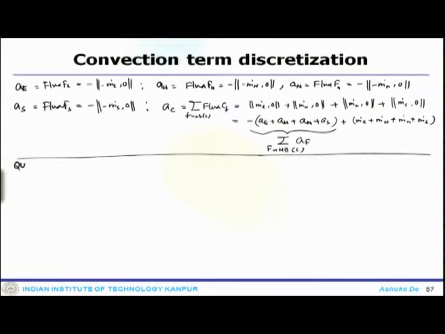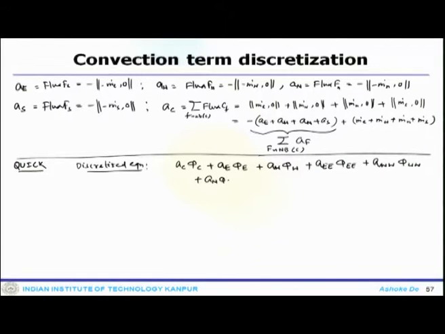If someone uses the QUICK scheme, which is third order accurate, then the discretized equation will look like A_C phi_C plus A_E phi_E plus A_W phi_W plus A_EE phi_EE plus A_WW phi_WW, A_N phi_N, A_S phi_S, A_NN phi_NN plus A_SS phi_SS.